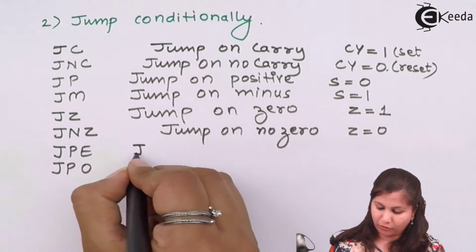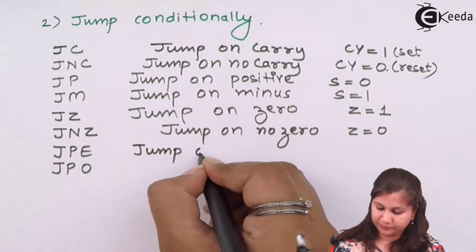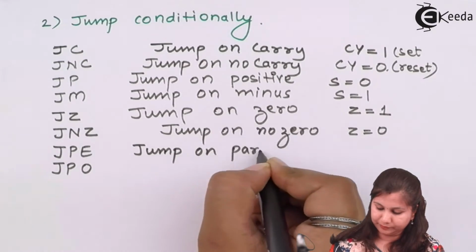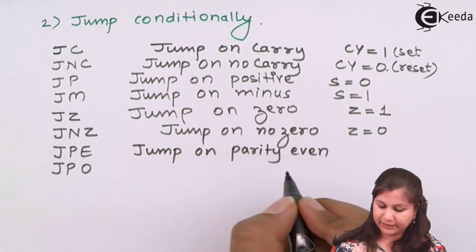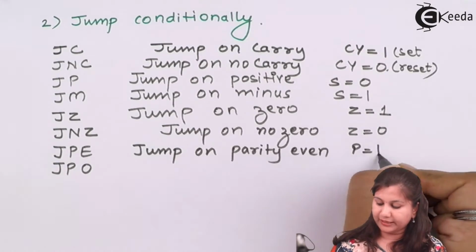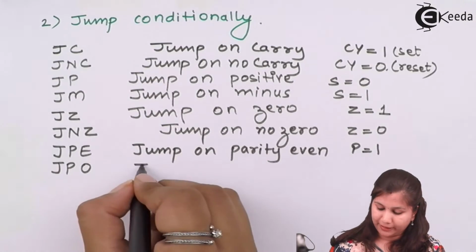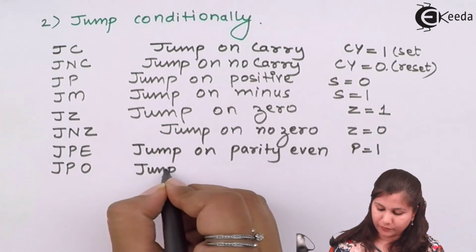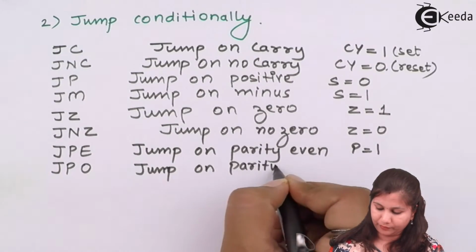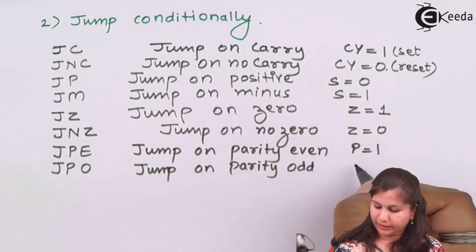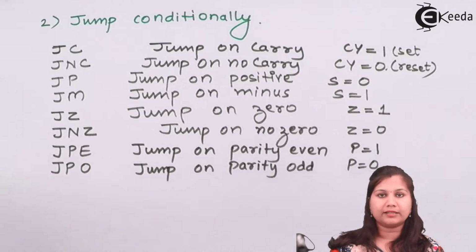JPE means jump on parity even. If the parity is even, then the parity flag is set to 1. If the parity is odd, JPO, jump on parity odd, then the parity flag is 0.